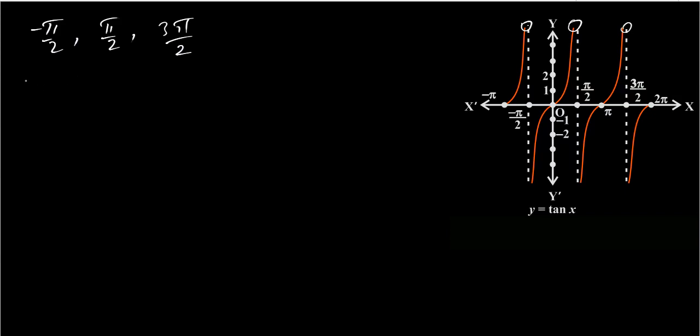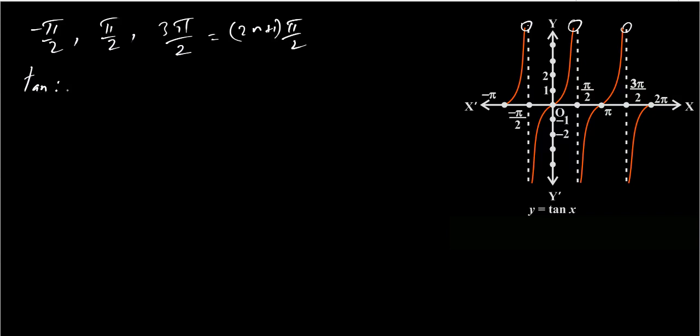If we take the tan function, the x-axis values will be the set of all real numbers, 0, pi by 2, minus pi by 2, minus 3 pi by 2, everywhere, but we have to exclude these points. This odd multiple of pi by 2 we can write as 2n plus 1 into pi by 2.